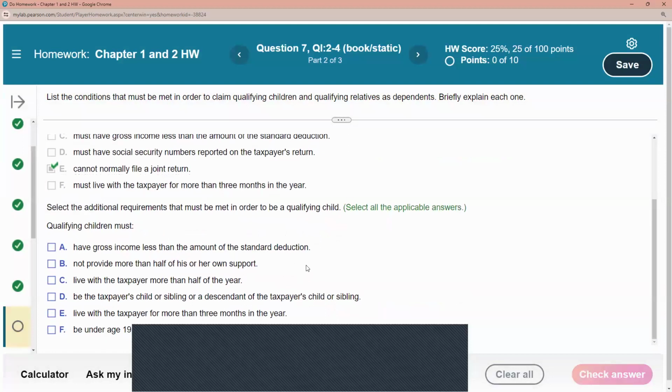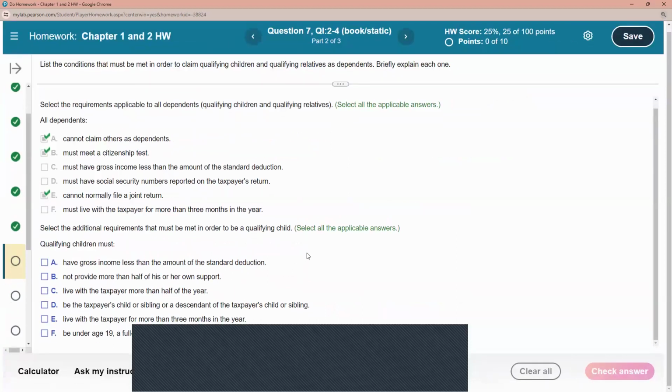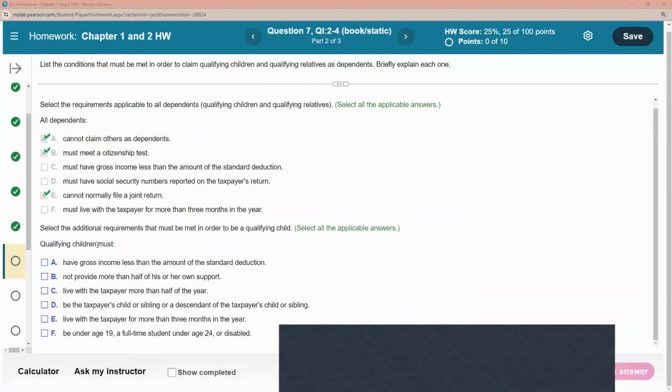So here it states, select the additional requirements that must be met in order to be a qualifying child. So as it relates to qualifying children, the additional requirements must also be met, and that ultimately determines whether the dependent is a qualifying child or a qualifying relative.